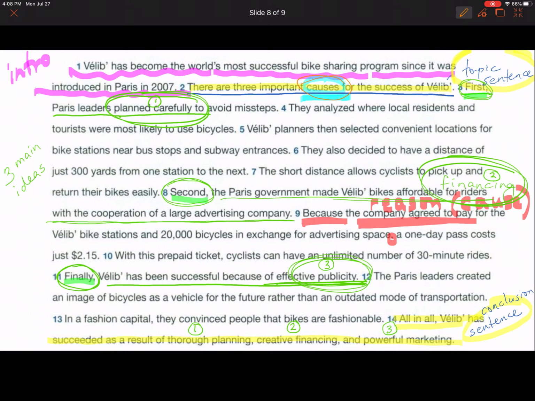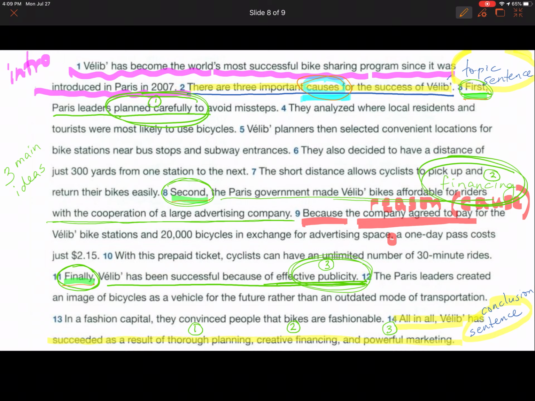Next, we were asked to identify the main ideas. In this paragraph, it was very clear. We were given 3 clear transitions. You can see them highlighted in green. First, second, finally. Okay, but let's take a closer look at each. So the first main idea, first, Paris leaders planned carefully.